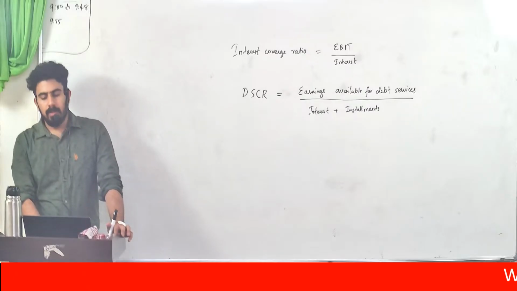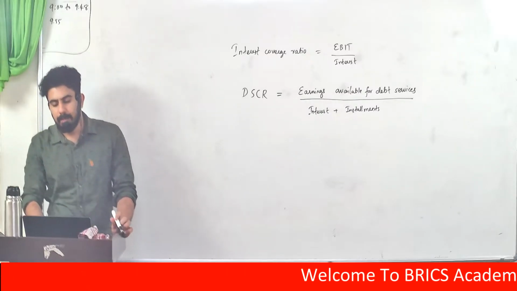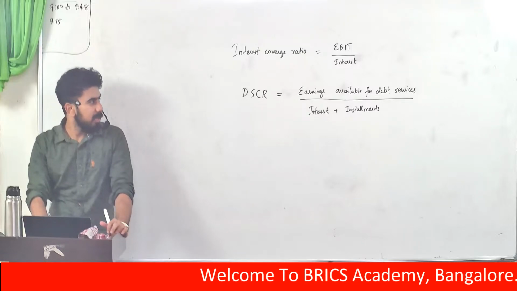So, guys, DSCR is earnings available for debt services divided by interest plus installment.